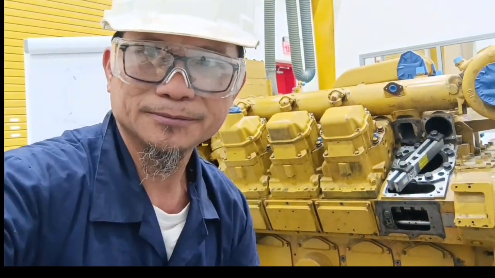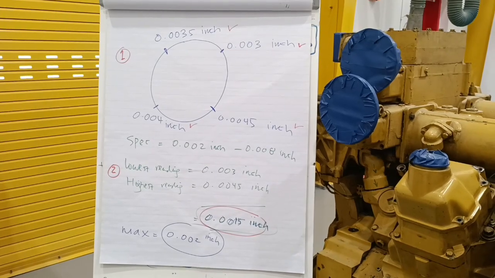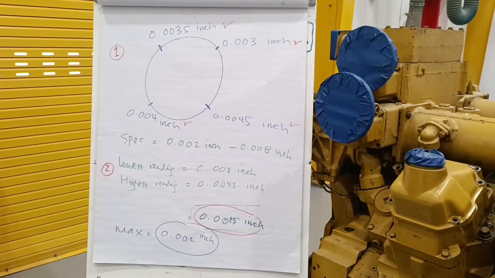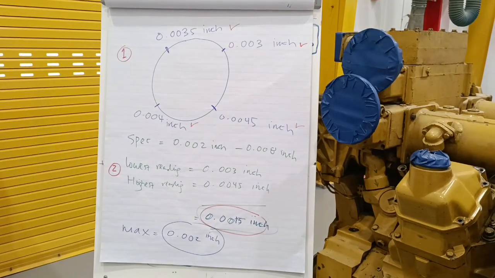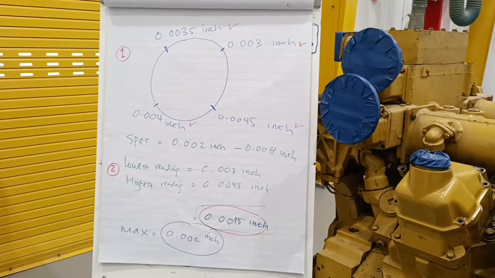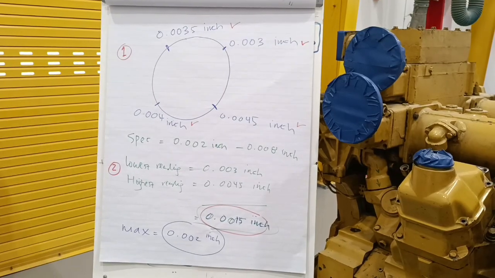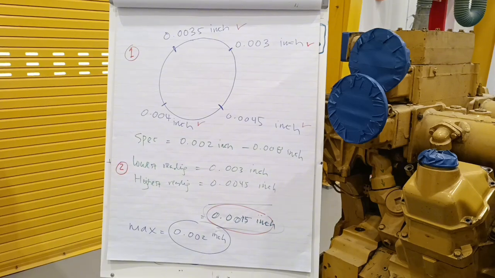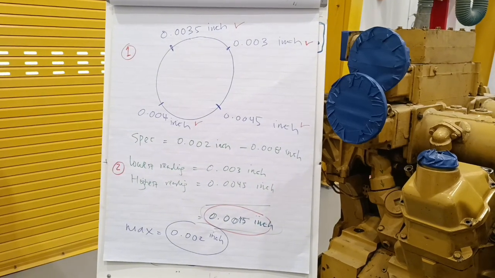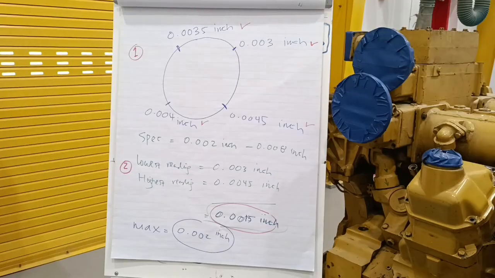This is the result for cylinder number 8, cylinder liner projection. The specification as mentioned in the SIS2 for our engine is from 0.002 inch up to 0.008 inch.